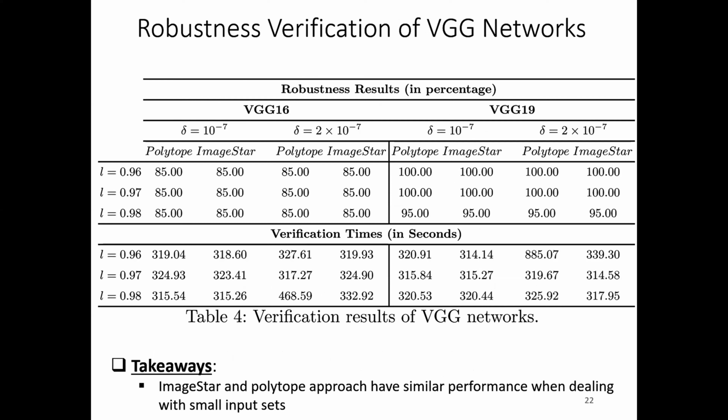From this table, we can see that when the input set is small, the polytope and image star approaches give very similar performance in both conservativeness as well as verification time.